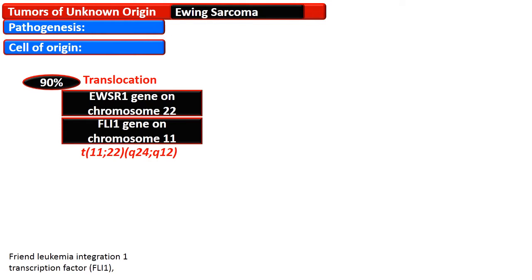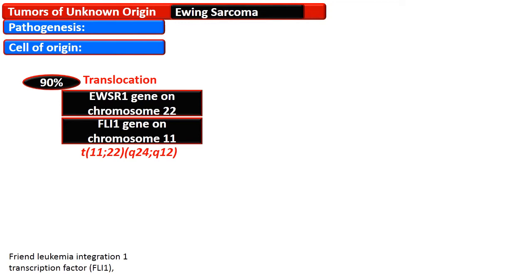In more than 90% of the cases, there is a balanced translocation between the Ewing sarcoma 1 gene on chromosome 22 and the friend leukemia integration 1 transcription factor gene on chromosome 11, that is the FLI1 gene.